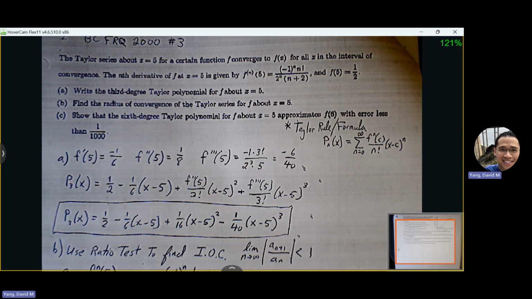Your rule of sequence, you can just build it off of your Taylor rule here. Just replace that with the nth derivative at 5 over n factorial times x minus 5 to the n. So your general term, you can just pull it from your Taylor series formula.